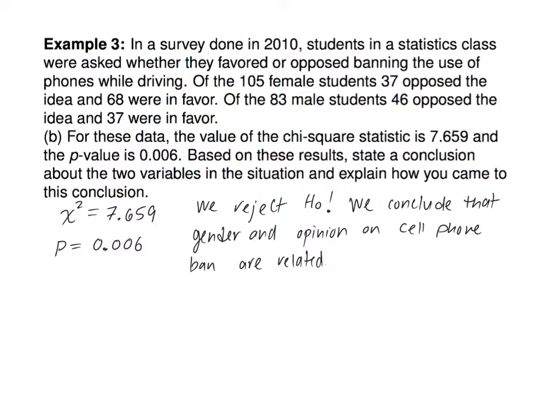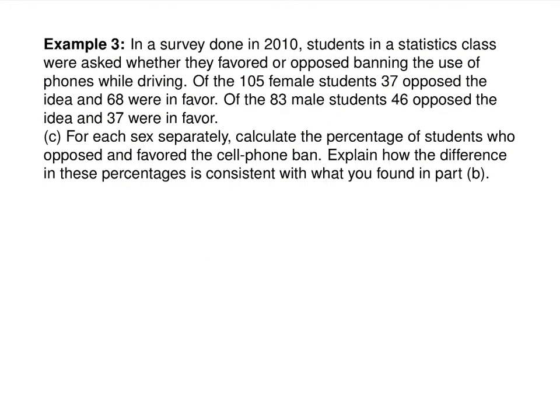And maybe part C should have come first, but let's actually compute the percentages and see if they seem different. What percent of women oppose this cell phone ban? What percent of men oppose this cell phone ban? So for the females, how many opposed?